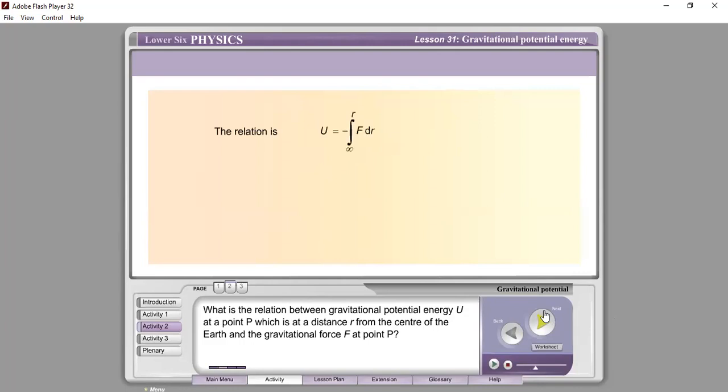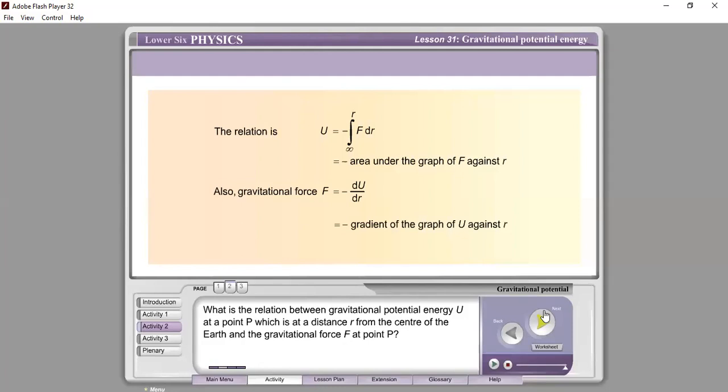The relation is U equals negative integration of F dr over the limits infinity to r, which equals negative area under the graph of F against r. Also, gravitational force F equals negative d over dr of U, which equals negative gradient of the graph of U against r. If the graph is F against r, the area under the graph will be the gravitational potential energy.